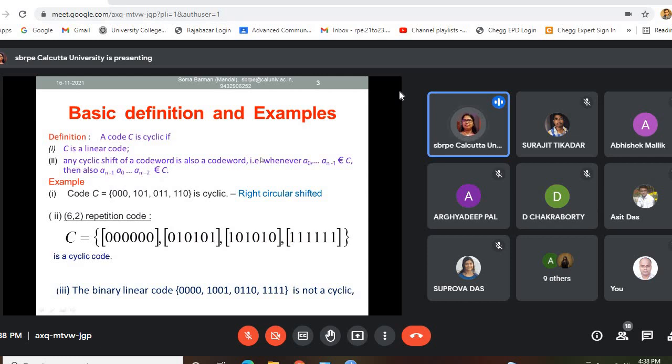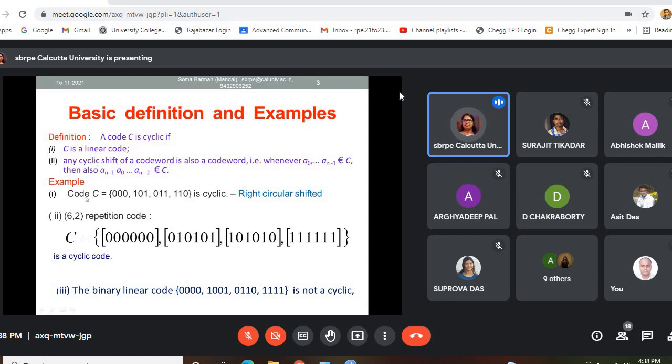If I right shift this, then obviously an minus 1 will be here, followed by a0 up to an minus 2. This also belongs to C. So if C satisfies these two properties, obviously C is called a cyclic code. C has to satisfy the linearity property as well as the cyclic shift property.